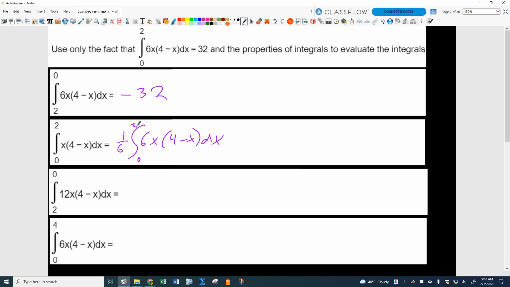And this whole area is 32, so we just get 32 over 6, which is 16 over 3. Okay, good. Next one. Negative 64. Good, because I've got double this. What about that bottom one?